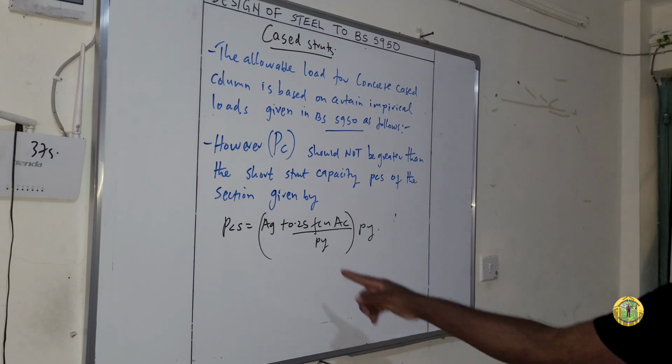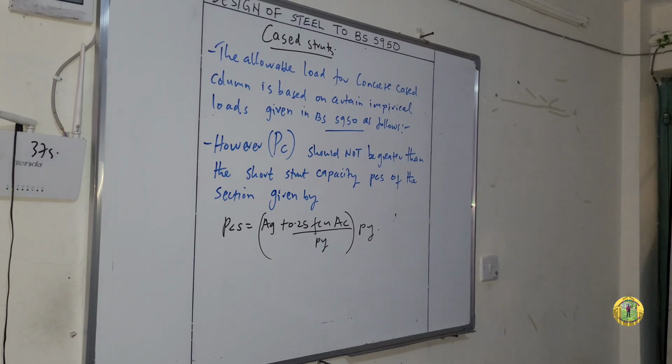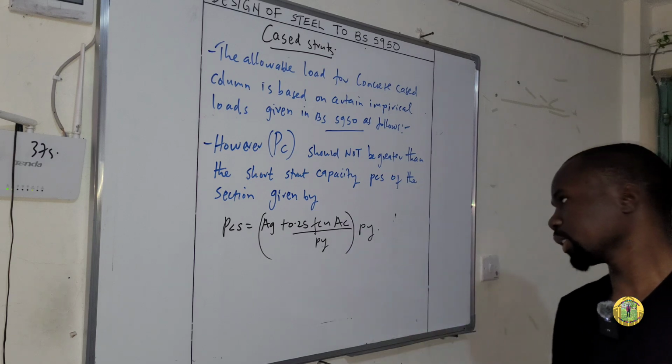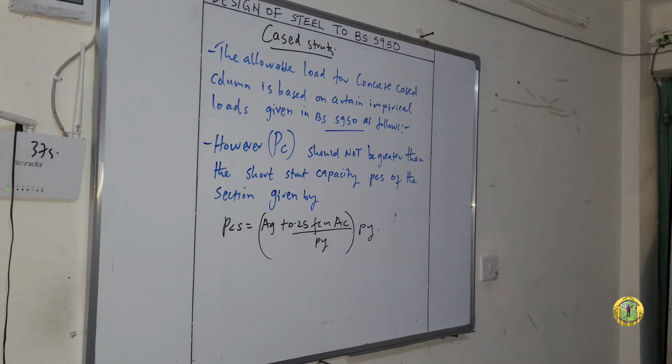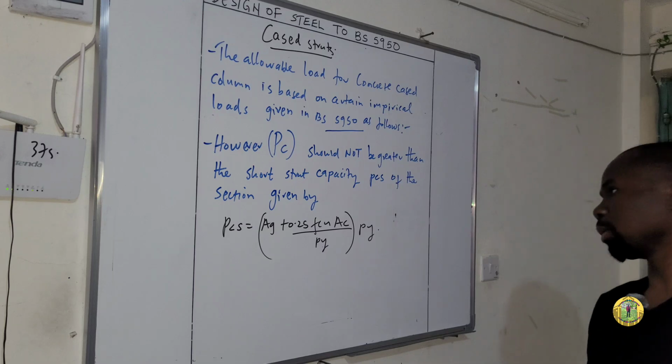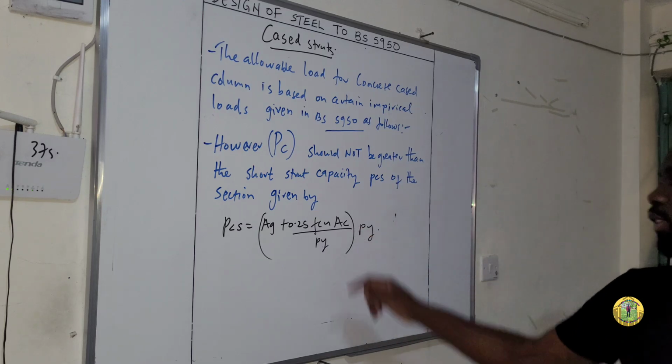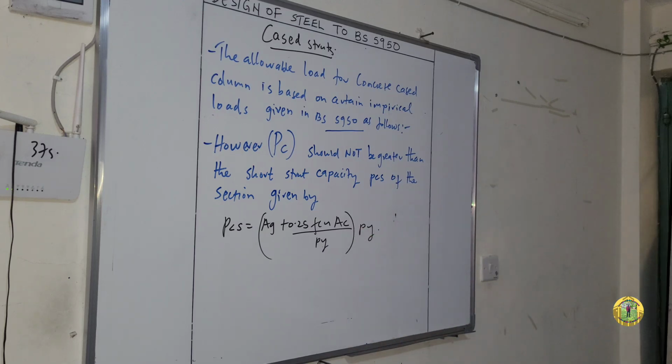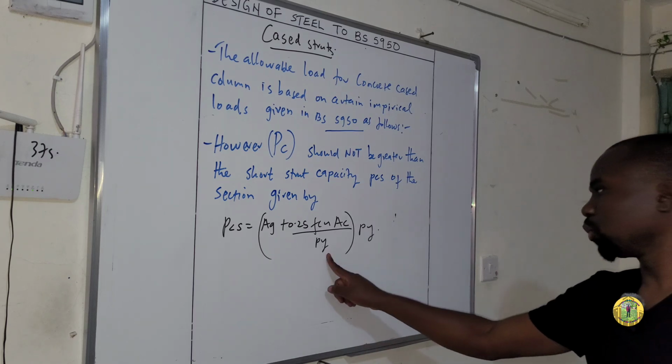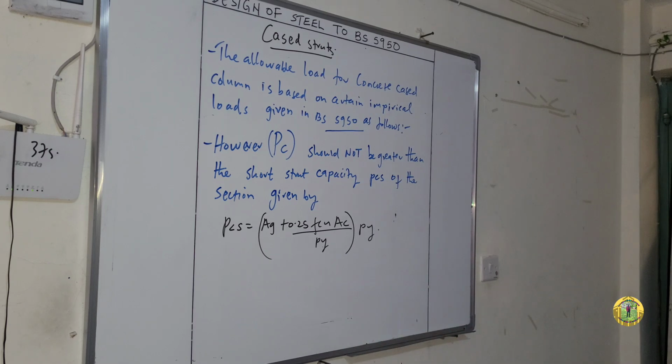You have seen AG is the cross-section area, FCU is the characteristic strength of the concrete, and it should not be less than 25 Newton per millimeter square, and AC is the gross section area, which is BC times DC. PY is the strength of the steel.